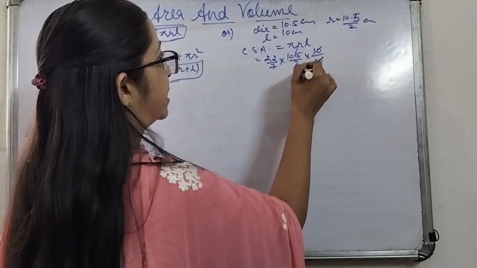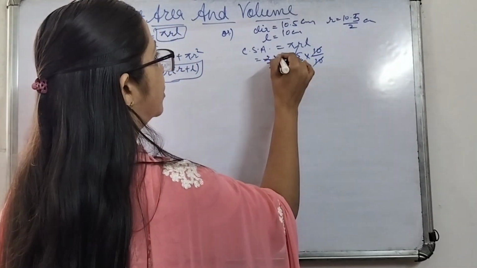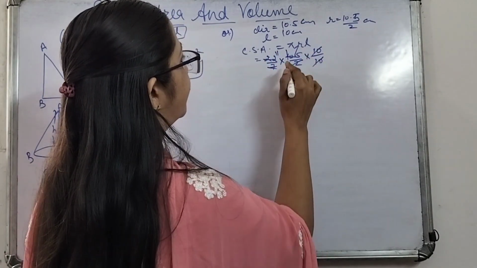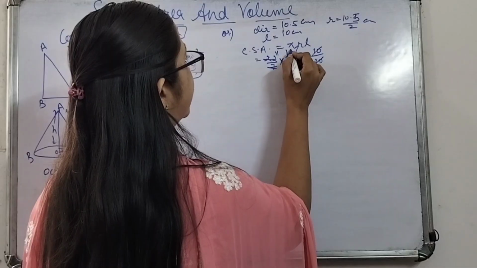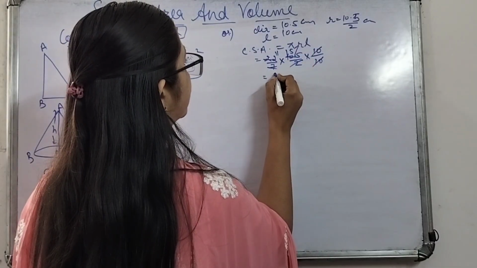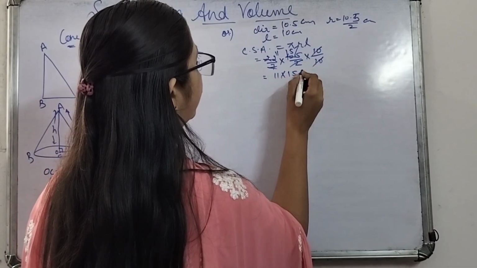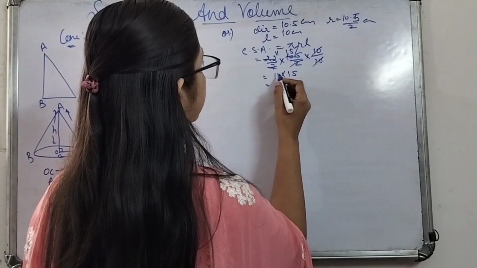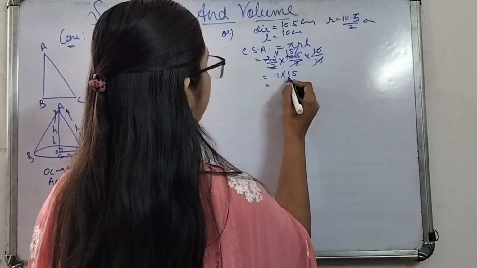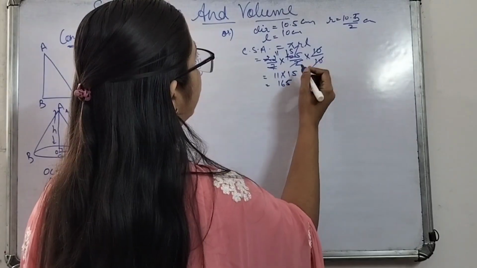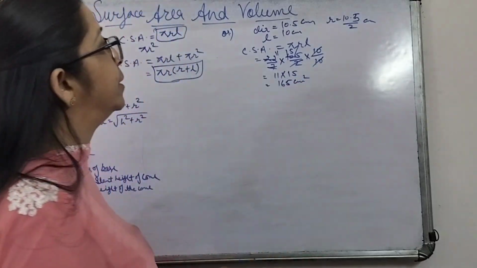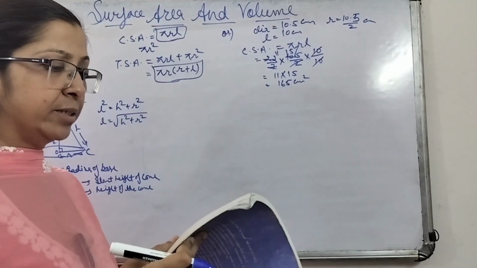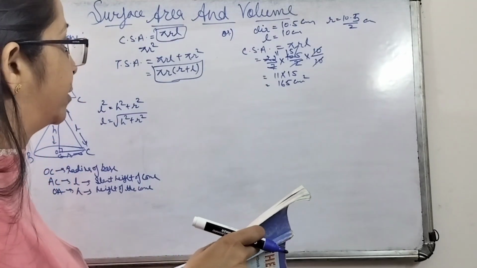So this 10 and this 10 are going to cancel. 2, 11 times 22. 7 1 is 7, and 7 5 is 35. So remaining is 11 multiplied by 15. If we multiply, 11 5 is 55, 11 5, 165 centimeter square will be the curved surface area of the given cone. This is how, using the formula, we can find it out.